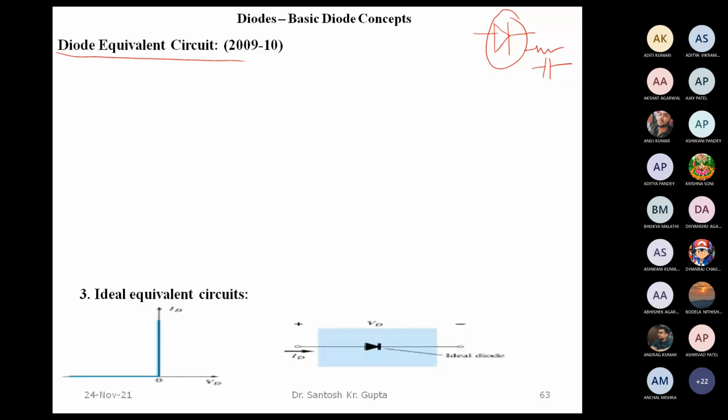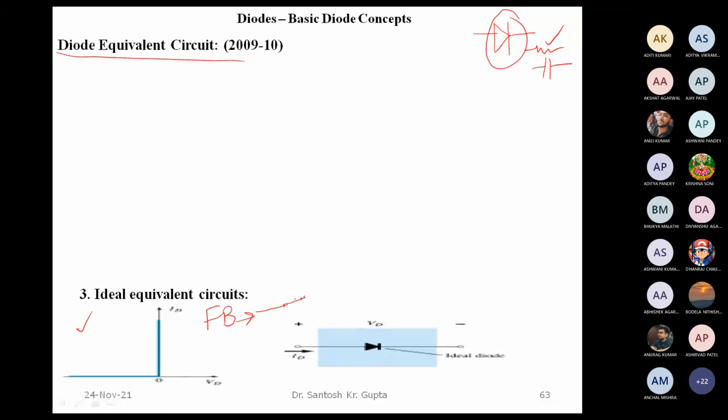So a very simple equivalent circuit we can use without caring about these non-ideal behaviors, that is the resistance or capacitance. So here we can take the fact that when the diode is forward biased, it acts as a short circuit switch.